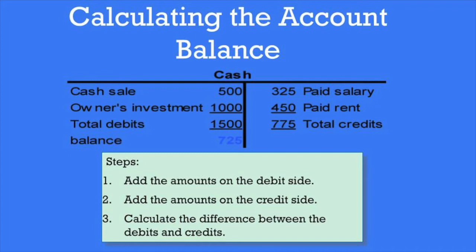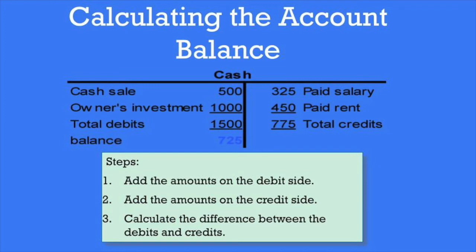So here's an example of the account balance here, and you can see that cash, for example, is the T account we're looking at. There was a cash sale, the owner put money into the business, investment. So there was a total inflow of $1,500 into the business. The outflow was, well, there was $325 paid out in salary and $450 paid in rent for a total of $775 paid out.